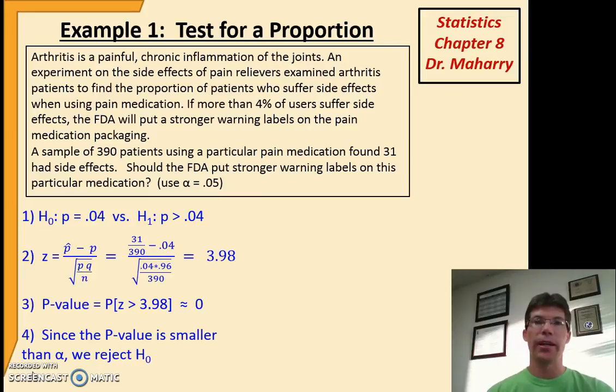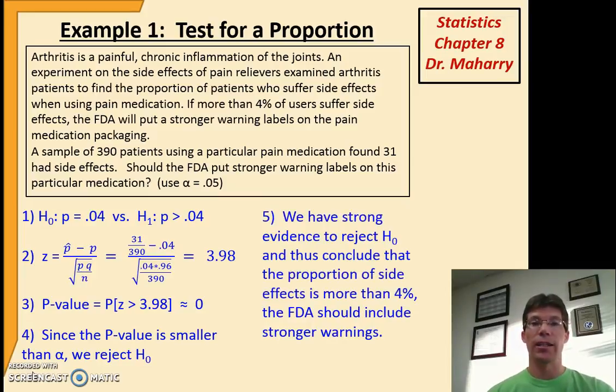Remember, small p-values lead us to reject H0. Small p-values means small likelihood that the null is true. So here we reject H0 and conclude that there is strong evidence that more than 4% of users suffer from side effects, and so the FDA should put stronger warning labels on this particular medication.